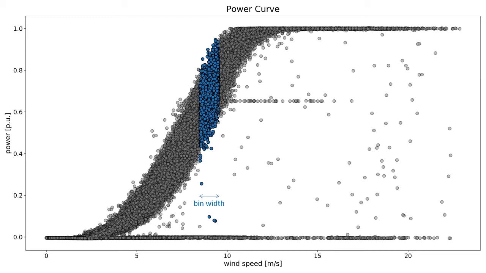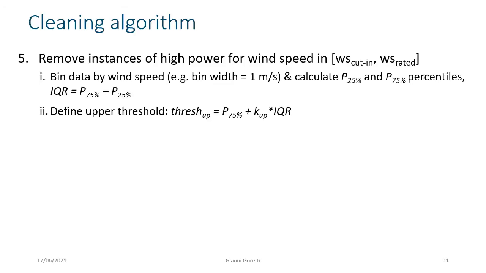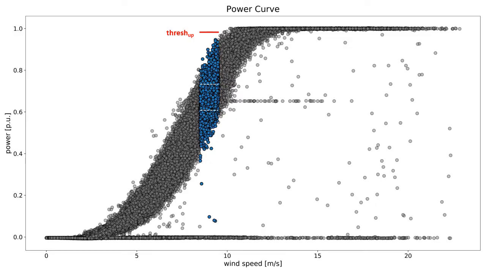On this slice of data, we calculate the 25th and 75th percentiles and the interquartile range, and then we define the upper threshold as the P75 plus a certain coefficient that multiplies the interquartile range, and any value above this threshold gets removed.